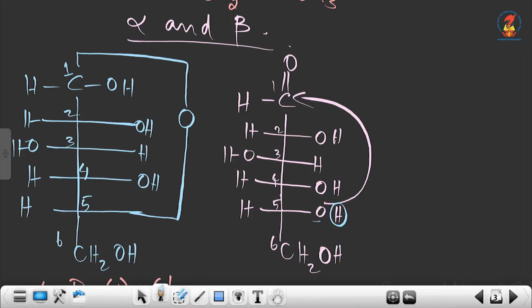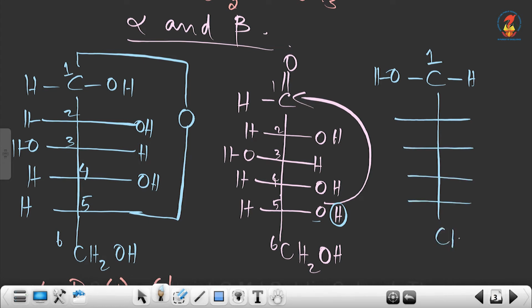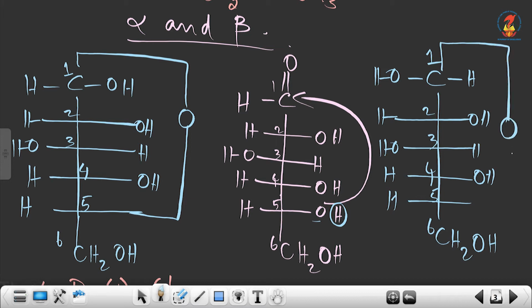So I am going to draw the structure of beta. COHH, this is the first carbon. Now we have second, third, fourth, 5 and sixth carbon. Here we have HOH, third carbon OHH, fourth carbon HOH, fifth carbon we have an oxygen linkage.